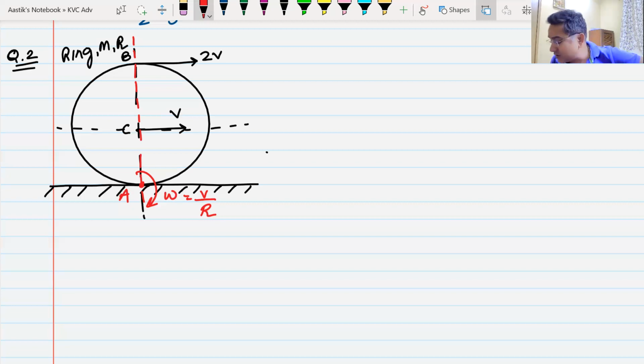What is the kinetic energy of this body? It is 3 mv square by 4, sir. So you can find out the kinetic energy in many ways. You can find it by half I omega square plus half mv square, or you can just take it about the point of contact. About the point of contact, it is 3 mr square, no? 2 mr square. What? Mr square plus mr square, 2 mr square. Yes or no?